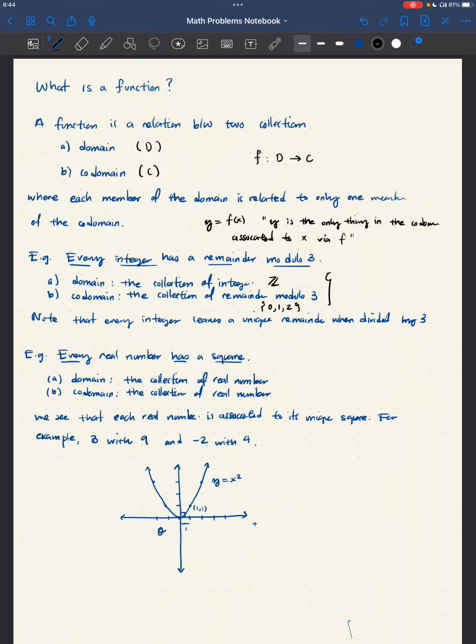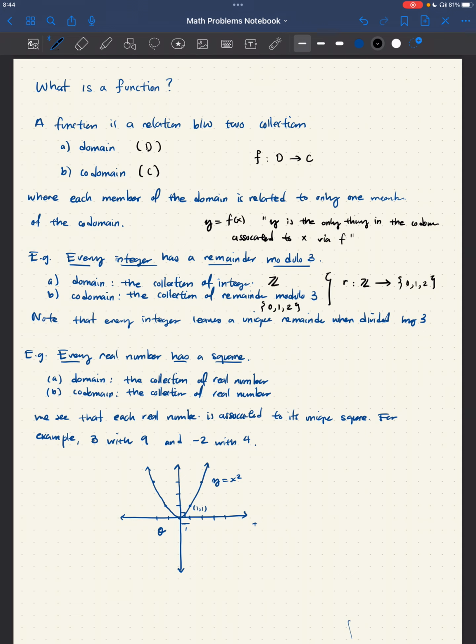Then we would say remainder, I'm going to give it the name R, is a function from the collection of integers to the collection of remainders modulo 3, {0, 1, 2}.